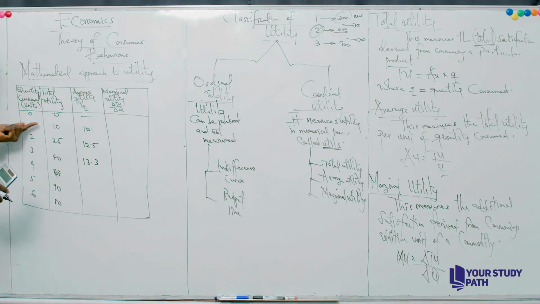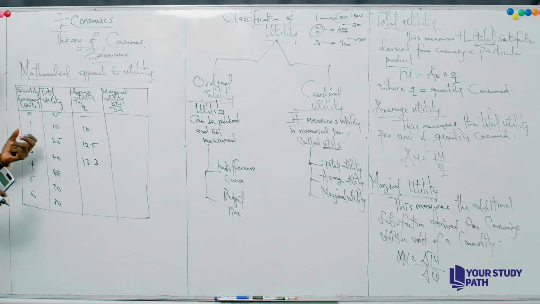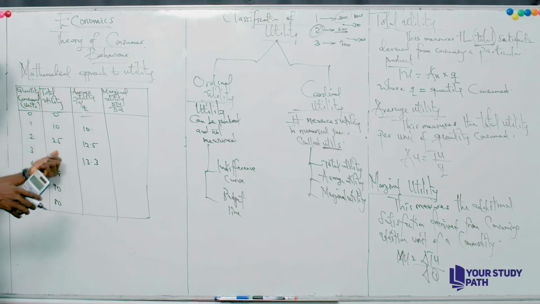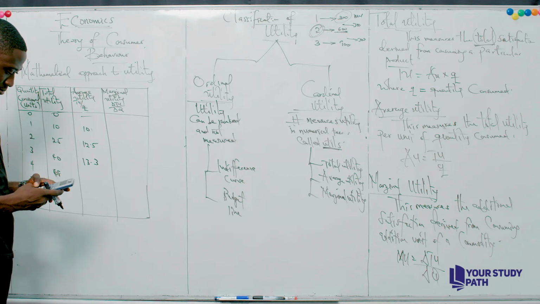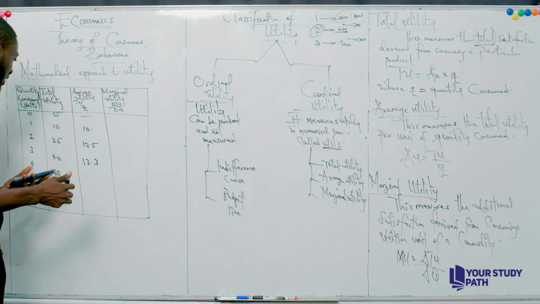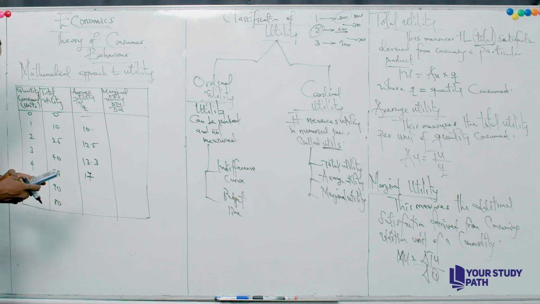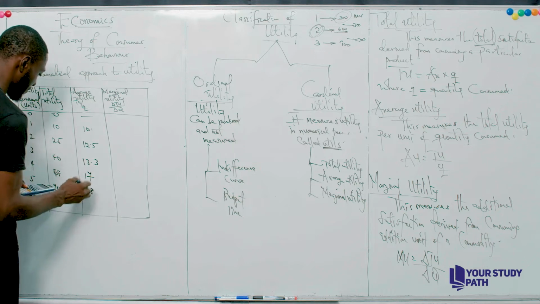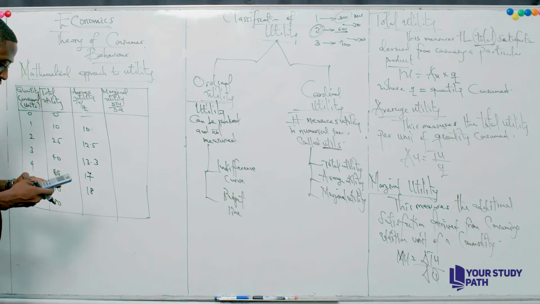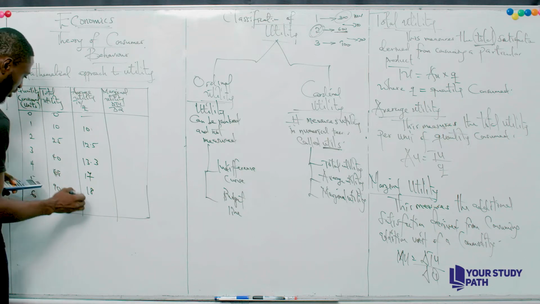At the first level, we say 10 divided by 1. At the second level, 25 divided by 2. At the third level, 40 divided by 3. Now, at the fourth level, 68 divided by 4, and that gives us 17. 90 divided by 5 gives us 18. Then 80 divided by 6 gives us 13.3.